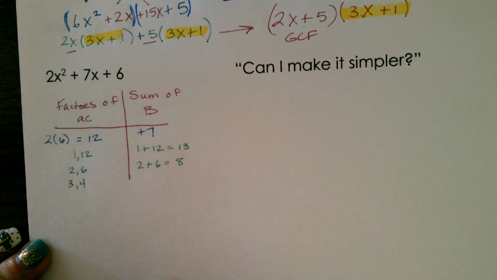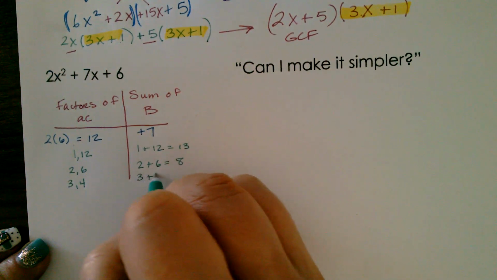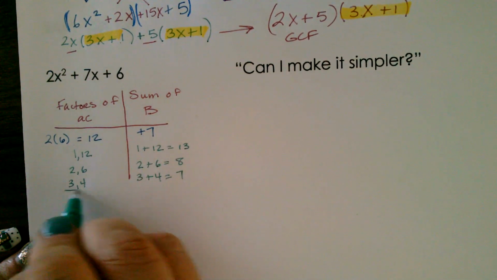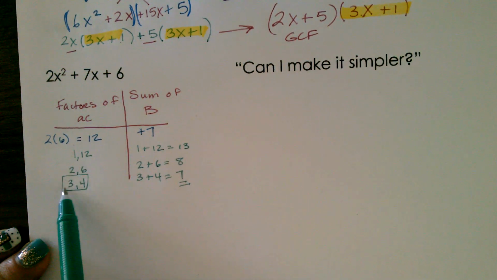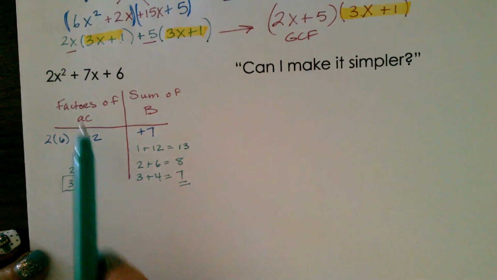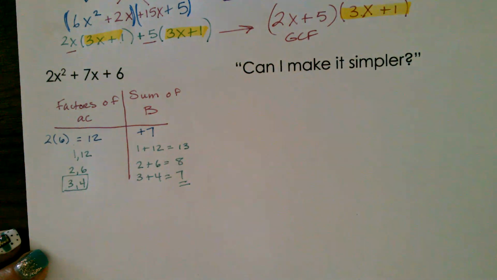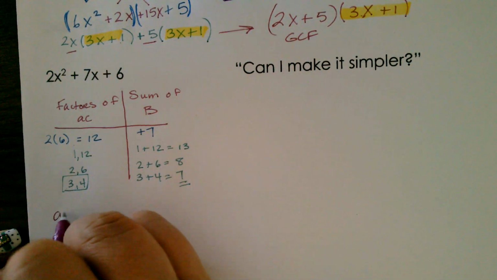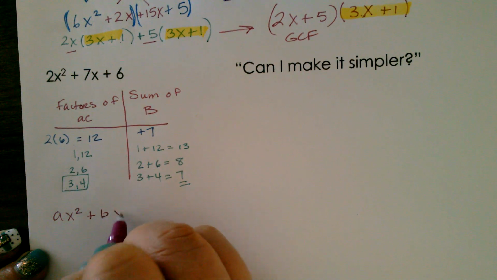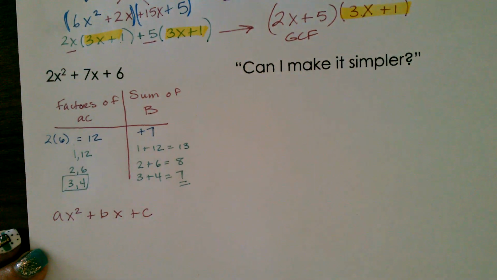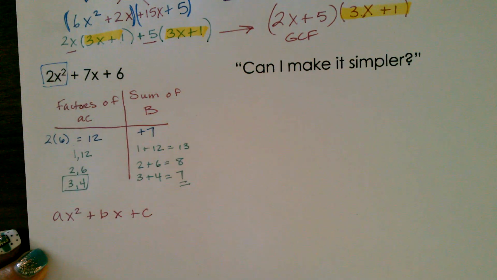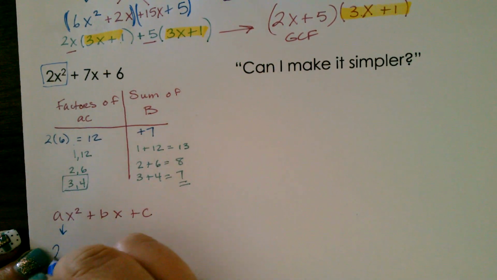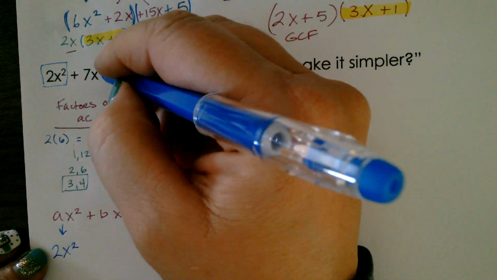3 times 4 is 12. Oh, what do you know? 3 plus 4 is 7, meaning these are the two factors of AC I need. So we're going to think of our standard form. Our A term, 2x squared.